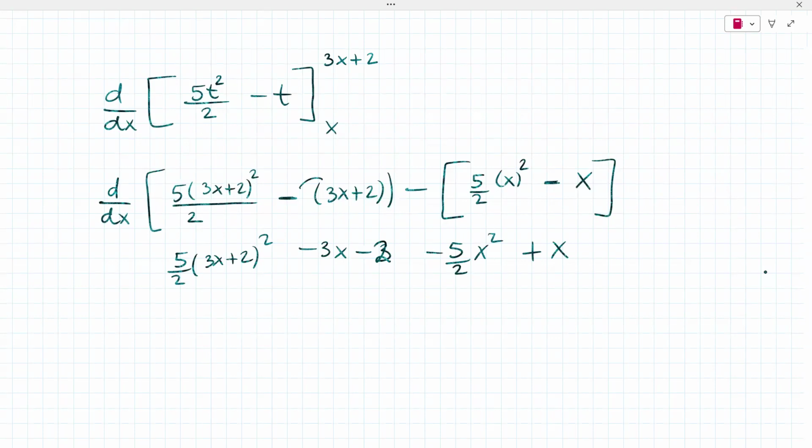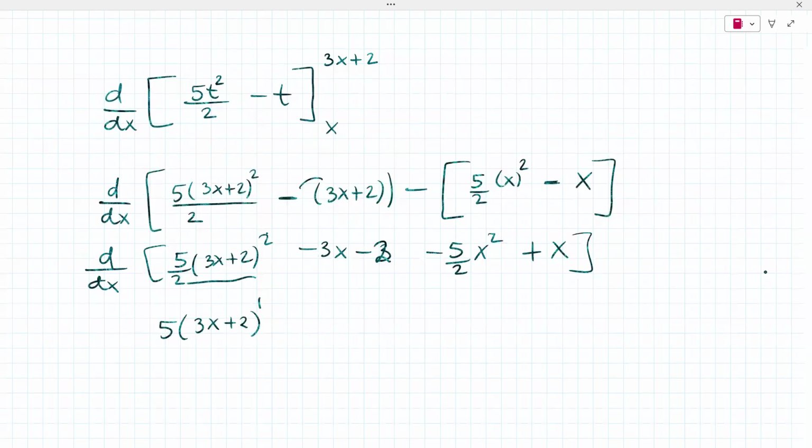Then I believe you just take the derivative of each term, right? Because we still have to take the derivative d over dx. So what's the derivative of 5/2 times parentheses 3x plus 2 squared? You apply the power rule and the chain rule. What's 2 times 5/2? The 2's disappear, so you're left with 5. The parentheses stays the same, and the power is going to be old minus 1, so 2 minus 1 is 1.